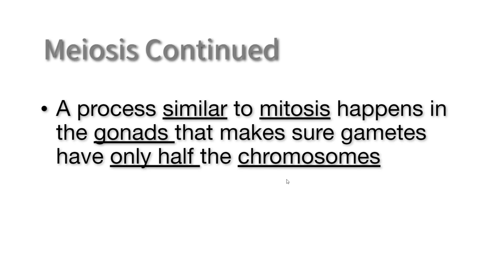A process similar to mitosis happens in the gonads. Okay, the gonads are the testes or testicles and the ovaries, respectively for males and females. So this process that's similar to mitosis that happens in the gonads makes sure that gametes only have half the chromosomes.